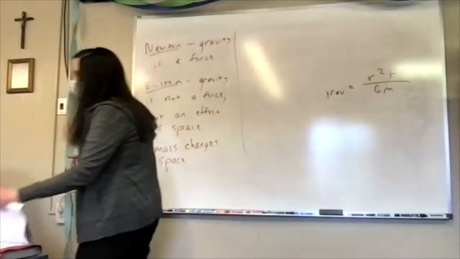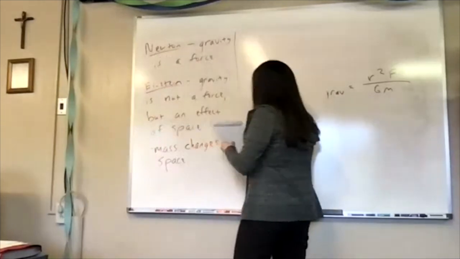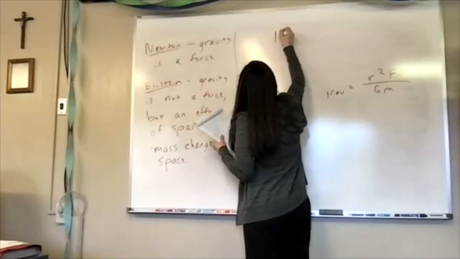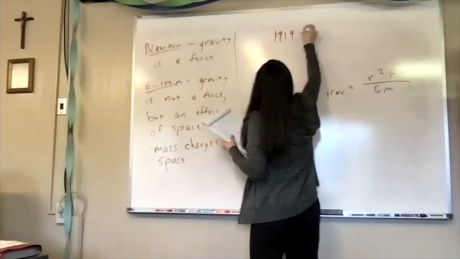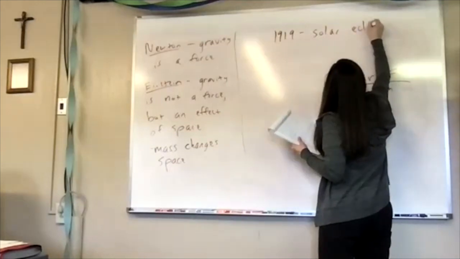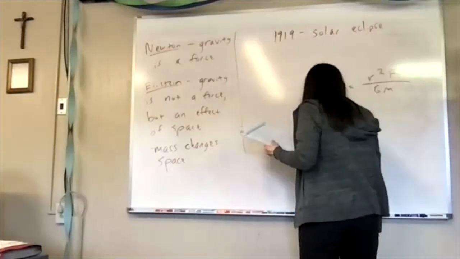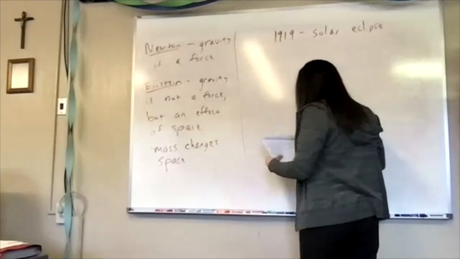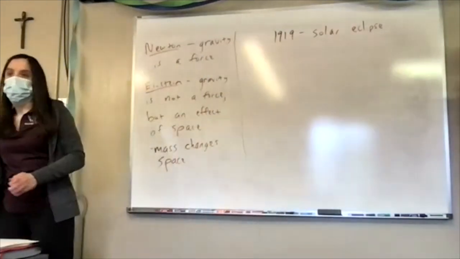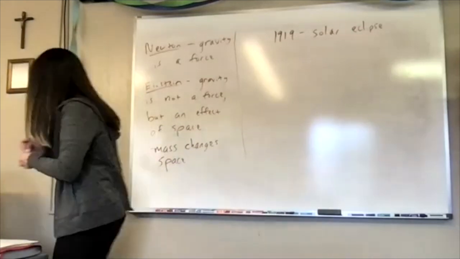And there was an experiment done in 1919 that helped confirm Einstein's theory of gravity. So in 1919, there was a solar eclipse. And what Einstein predicted is that a star would become visible that was not visible before.